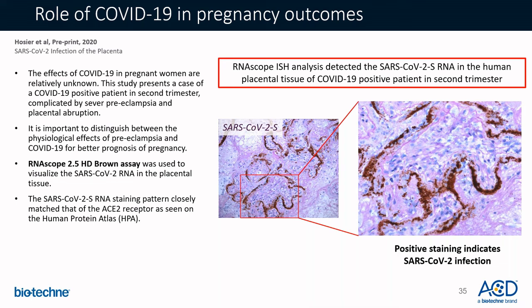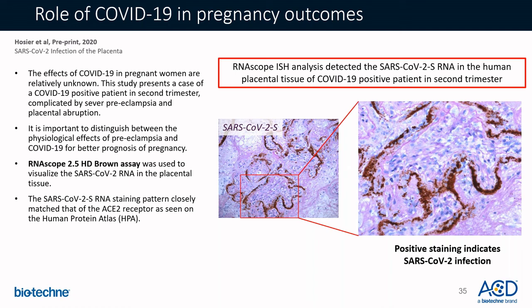They used the RNAscope manual Brown assay to visualize the SARS-CoV-2 RNA in the placental tissue. In addition, they compared the staining pattern of SARS-CoV-2 with the ACE2 receptor, which is now known in the literature to be the receptor that SARS-CoV-2 interacts with. They found that this pattern closely matched the ACE2 receptor pattern as seen on the Human Protein Atlas.